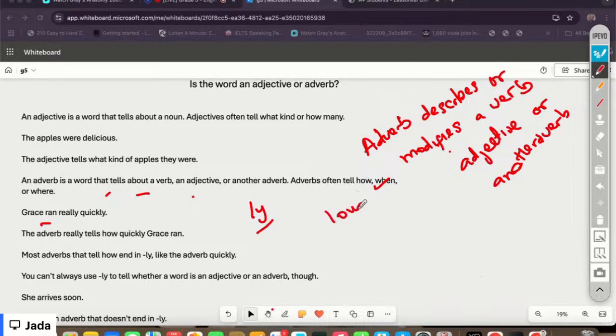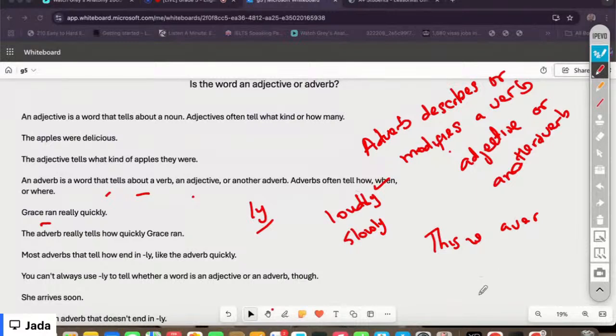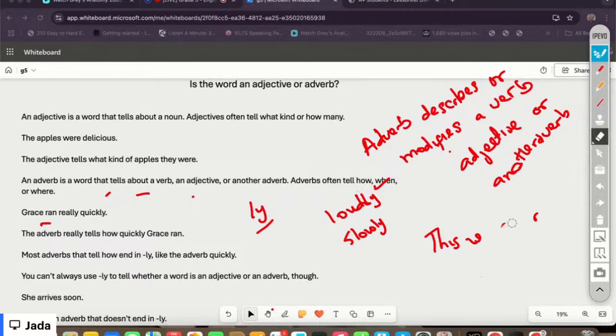So we can have loudly, adverb, slowly, adverb. So you see that? Okay. And then if the adverb is modifying an adjective, it will be, this is a very big house.